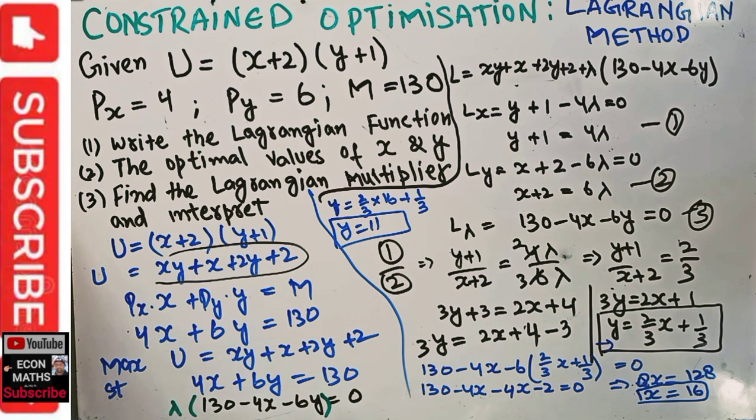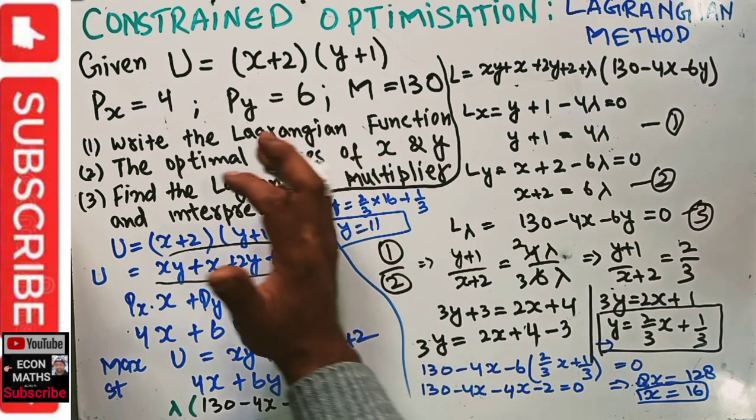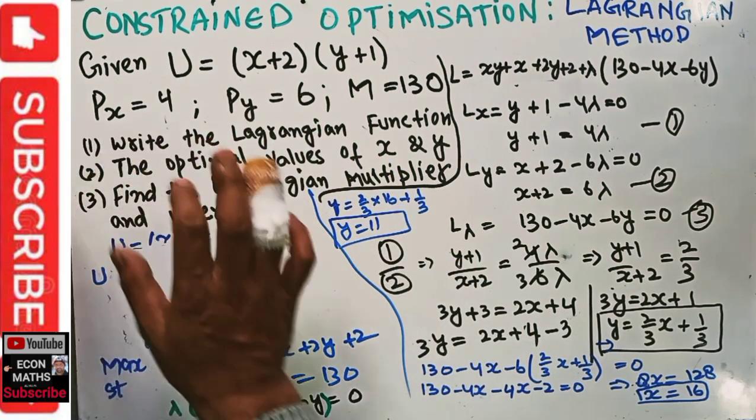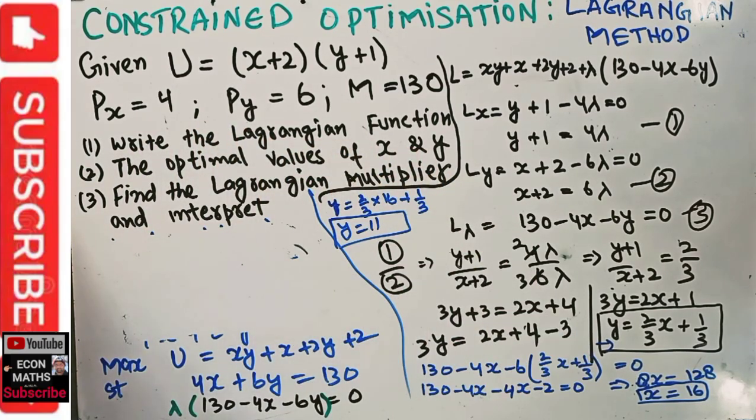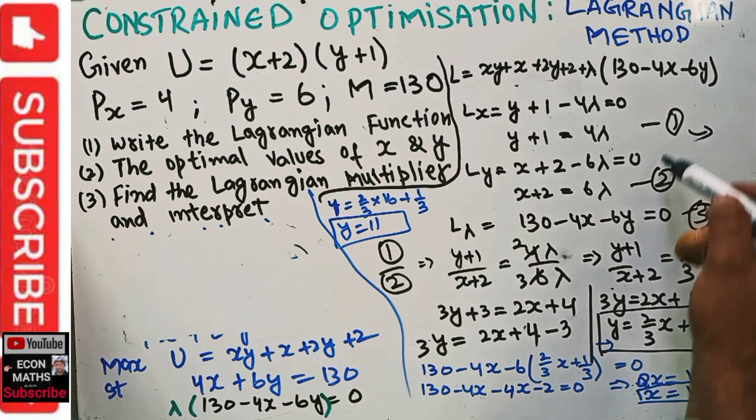Now the third part tells us to find out the Lagrangian multiplier. To find out the Lagrangian multiplier, what will we do? We simply plug the optimal values of x and y either in equation first or equation second. Let us solve it for equation first.